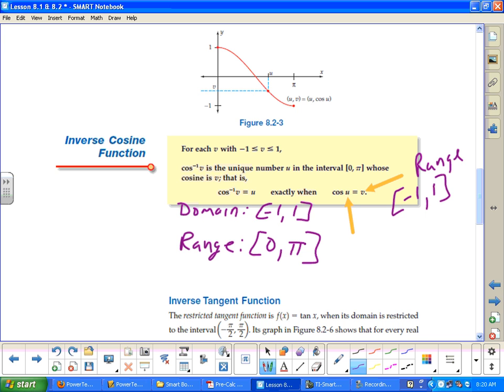Where with sine, the domain for inverse sine is negative 1 to 1, and the range would be from negative pi over 2 to pi over 2. Now we said this domain here is all real numbers, but if I switch them, I don't have a function anymore. So that's why we have to restrict that.